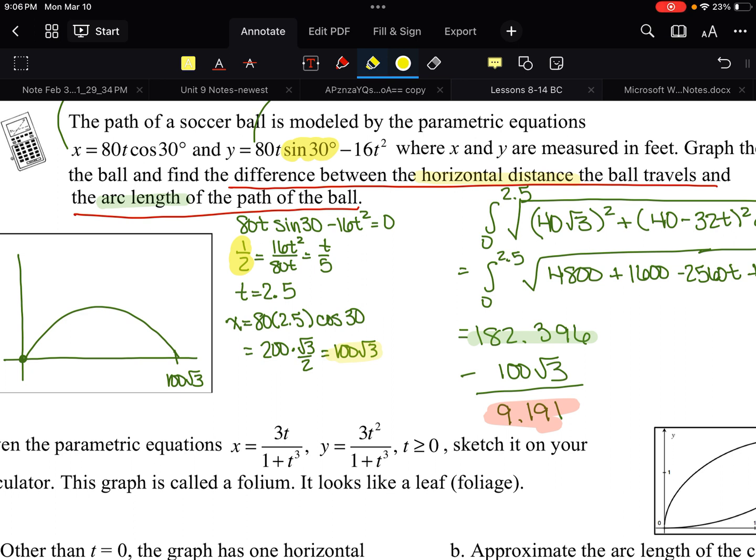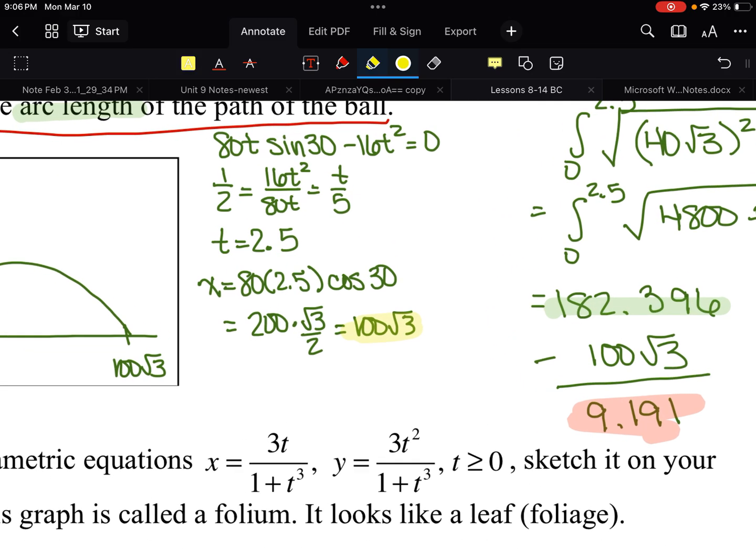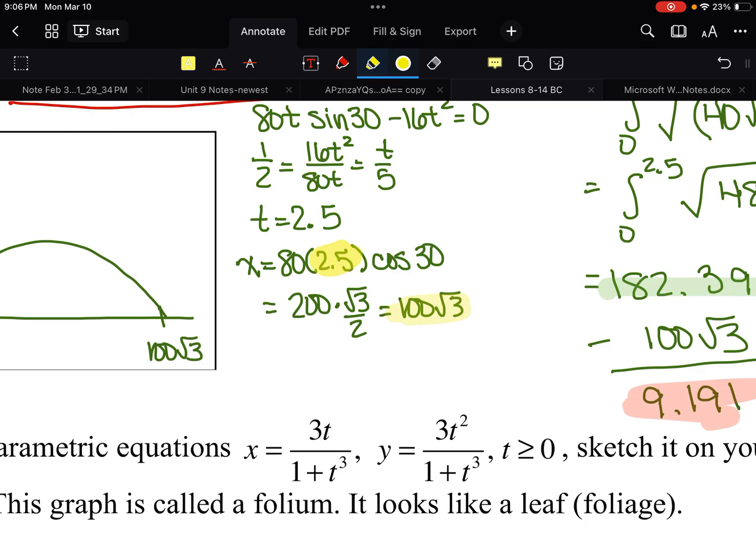Divided by 80t, so that's why it's on bottom. And then simplify and solve, and you get t over 5 equals 1/2, and then multiply by 5, so you get t equals 2.5. So when t equals 2.5, what's the x-coordinate? Well, cosine of 30 is √3 over 2.